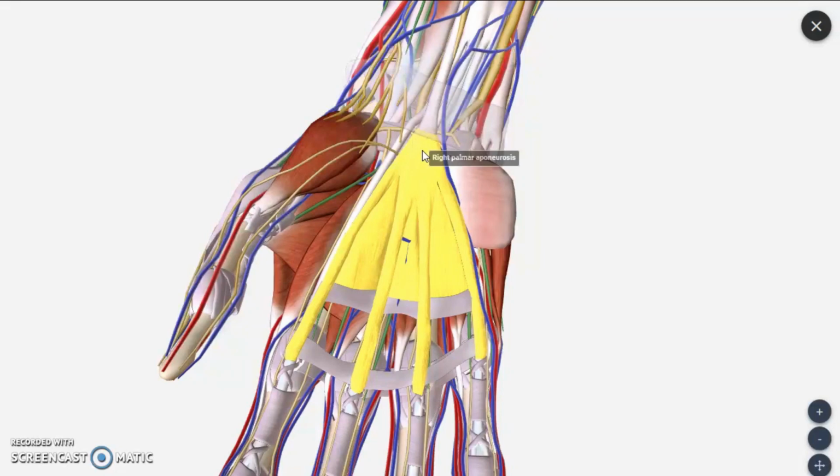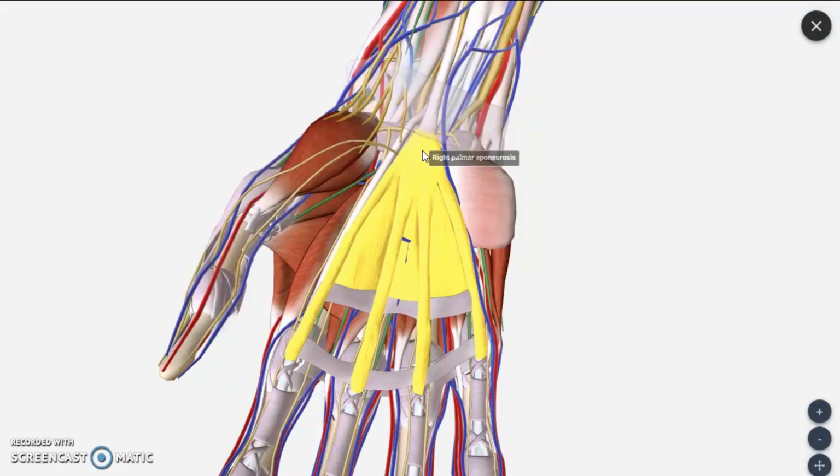The fibers from this palmar aponeurosis are going to get attached to the skin overlying it, so that it gives a proper grip for the objects which we are going to hold and use.